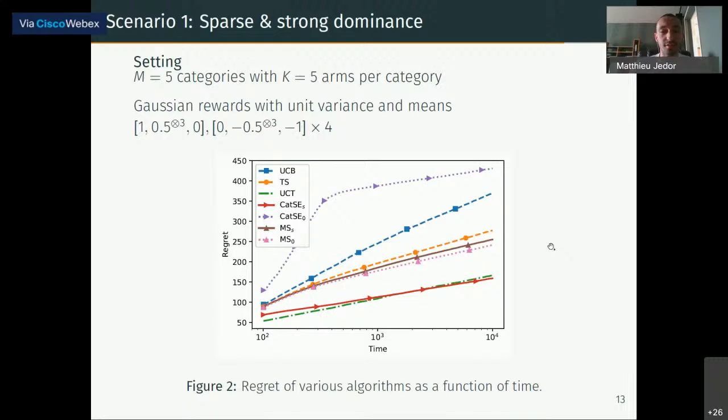So we can see a lot of things in this figure. We see that the regret of the UCB algorithm grows faster than any other algorithm, and it is outperformed by all these algorithms.